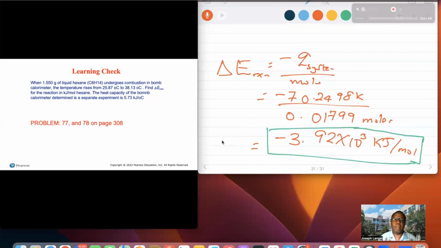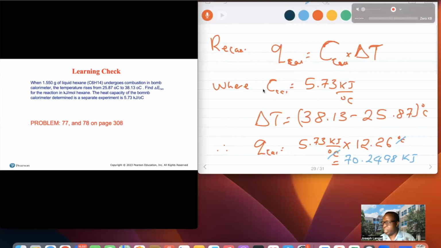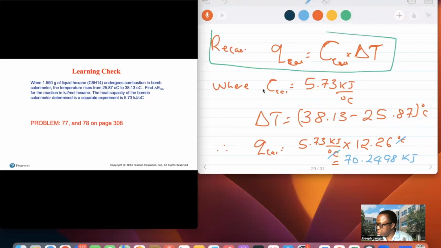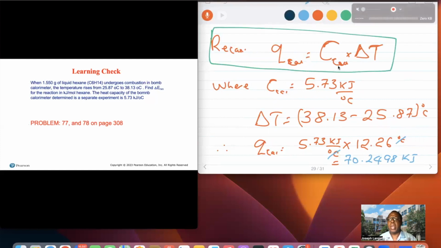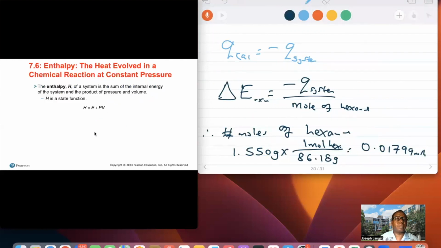Remember, you use the heat capacity. This is the equation we learned earlier on, what you need to recall from the previous section, part A, heat capacity of the calorimeter. What you are given there is a shortcut in joules. Proceed from there, and then you'll get the change in internal energy for the reaction per mole of substance. That is constant volume calorimetry, the bomb calorimeter.